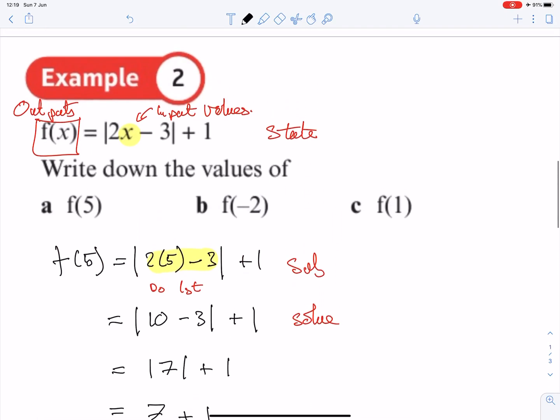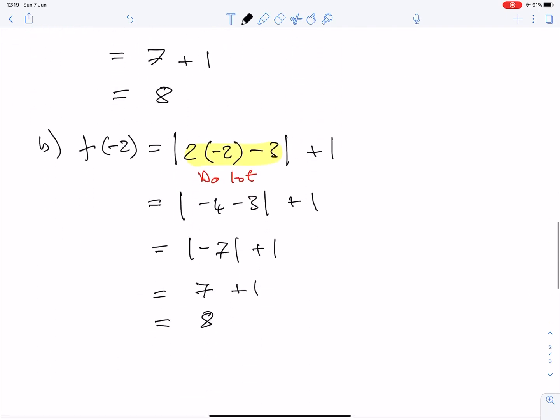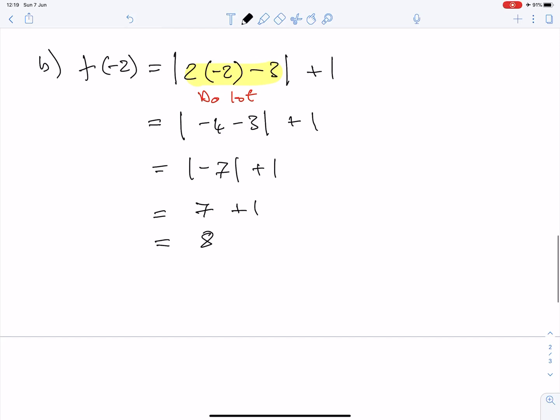Okay, last one, f of 1. Part C, so f of 1. 1 is our input, so we get 2 lots of 1, take away 3, plus 1. Again, we do the bit inside the modulus sign first.